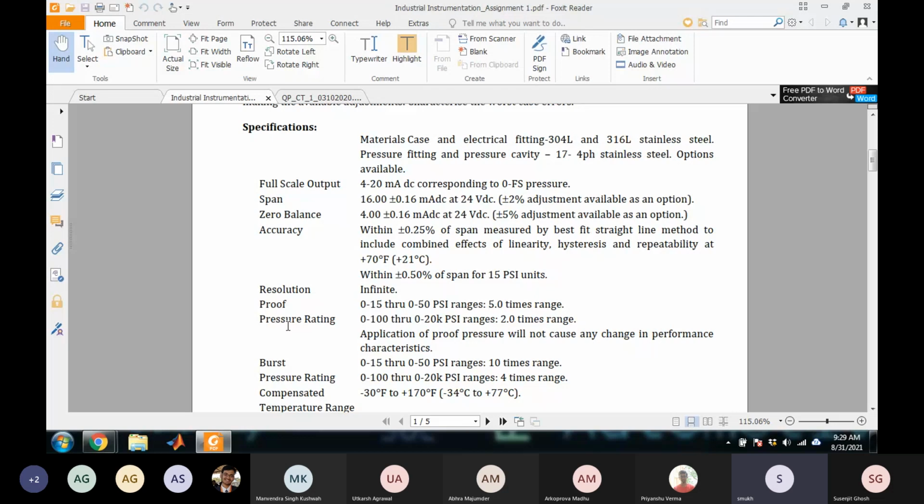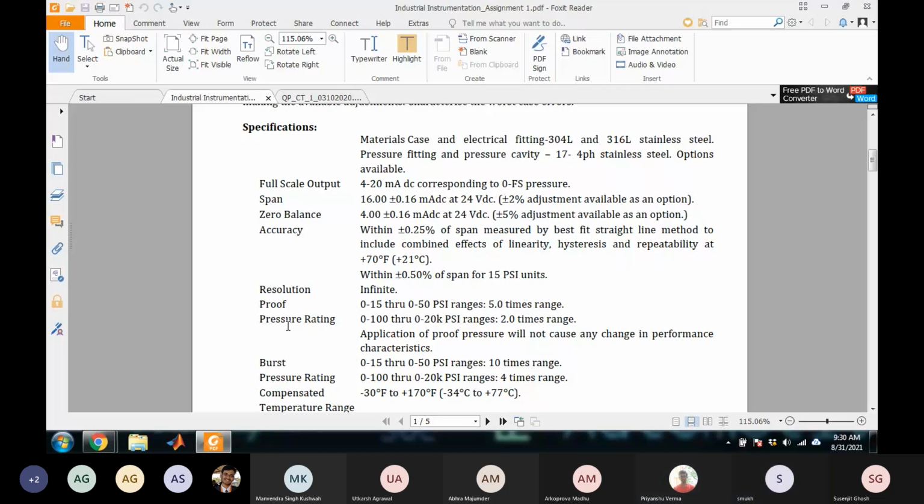So either you should tolerate this error, or you can buy a slightly more expensive version of the instrument where there is an adjustment available. 0.16 milliampere is what percent of 16?